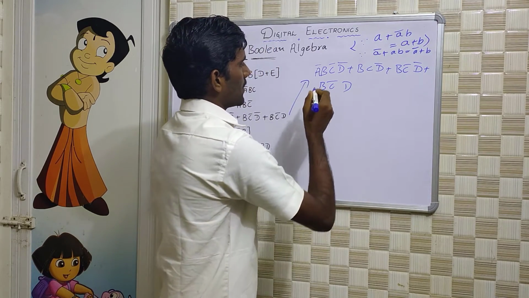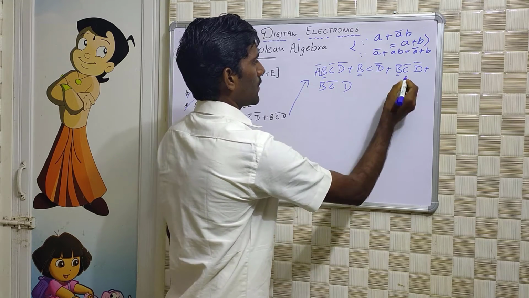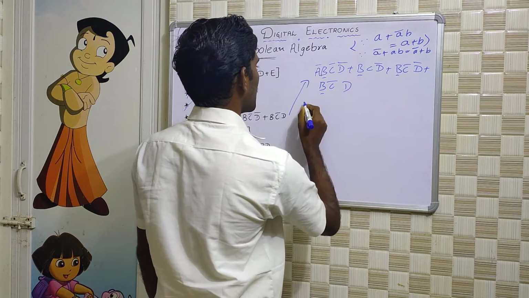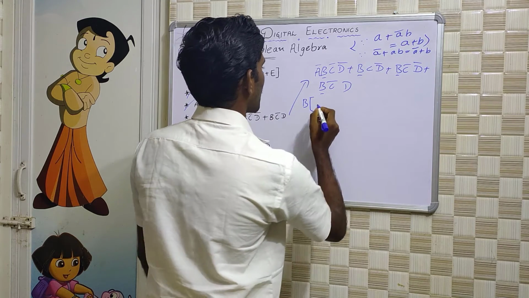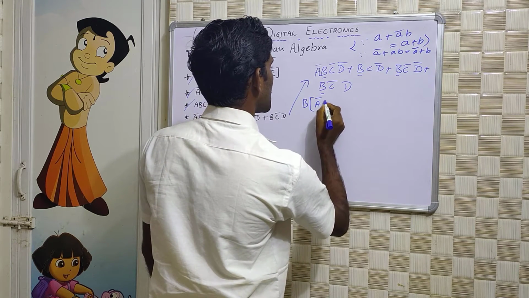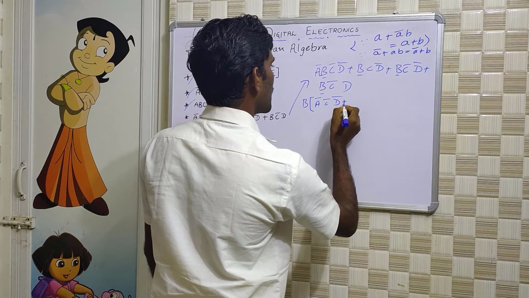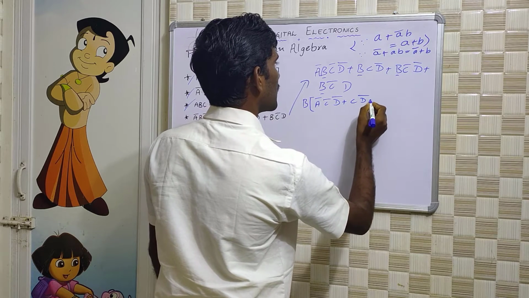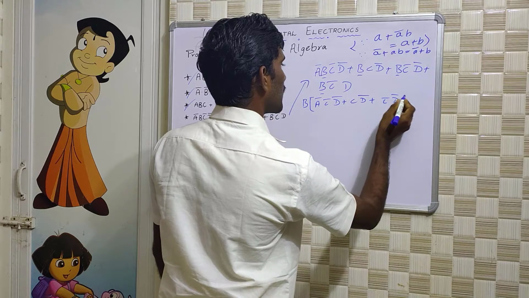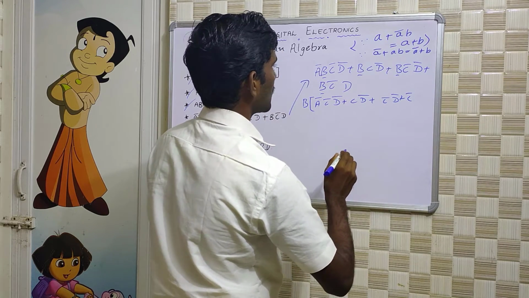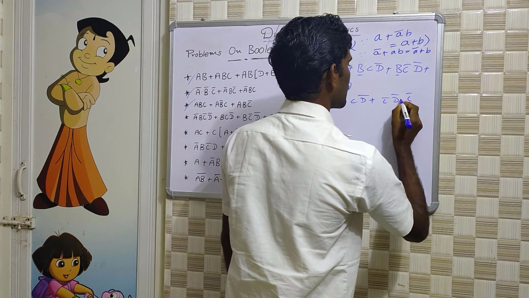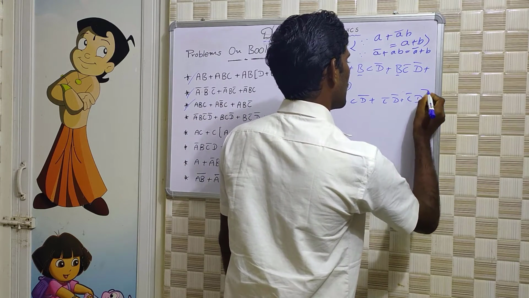From all the terms we have B as common, so we take B common: B into (A bar C bar D bar plus C D bar plus C bar D bar plus C bar D).